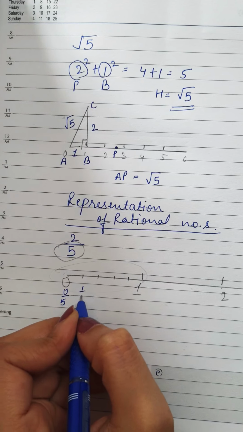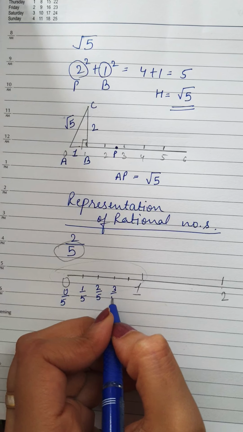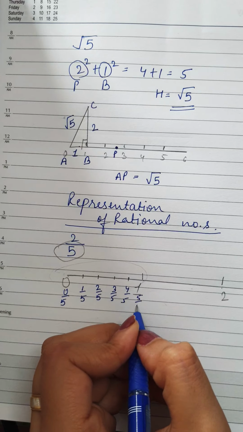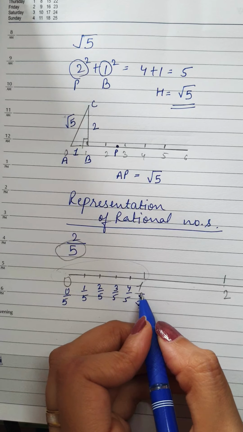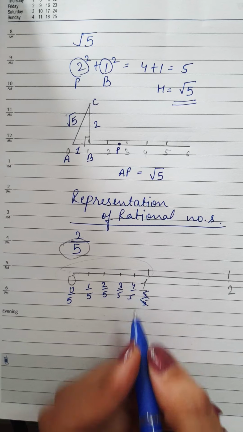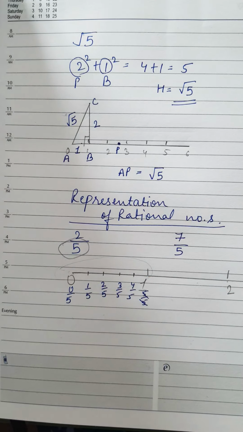This number will be 1 by 5. This will be 2 by 5. This will be 3 by 5. This will be 4 by 5. And this is 5 by 5. So this is 1 by default.